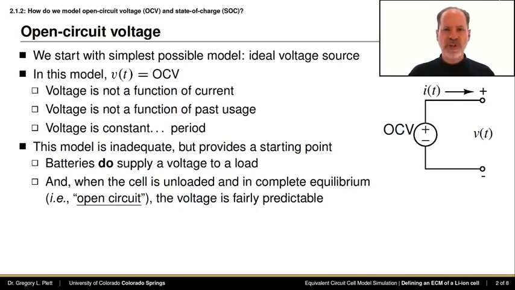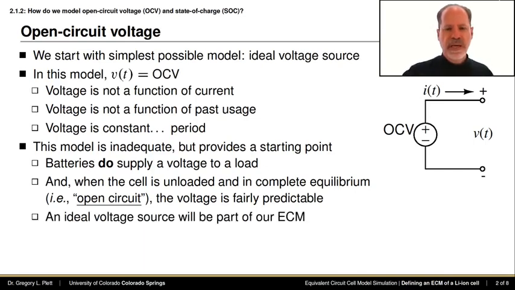The switch is open, if you will, between the battery and the circuit. And you will see that when the battery cell is in an open circuit condition, it has what we call an open circuit voltage, and we will find that some kind of ideal voltage source will indeed be part of our final equivalent circuit model.